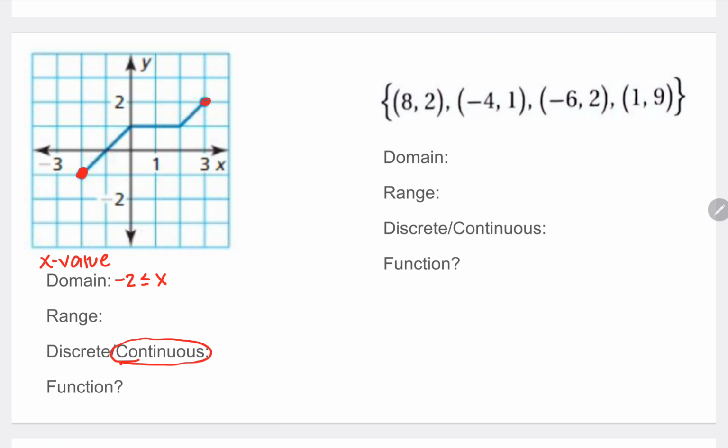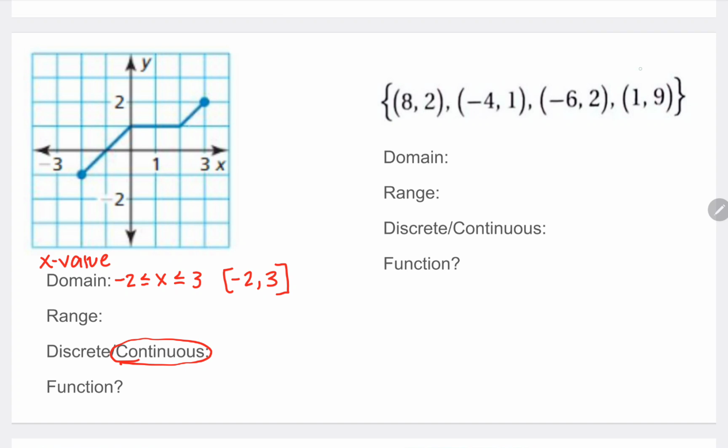And all the way to the right, I have a point here at 3. So all of my x values need to be less than or equal to 3. That's one way to write our domain in inequality notation. And in interval notation, that would say all the numbers from -2 to 3, including -2 and 3.